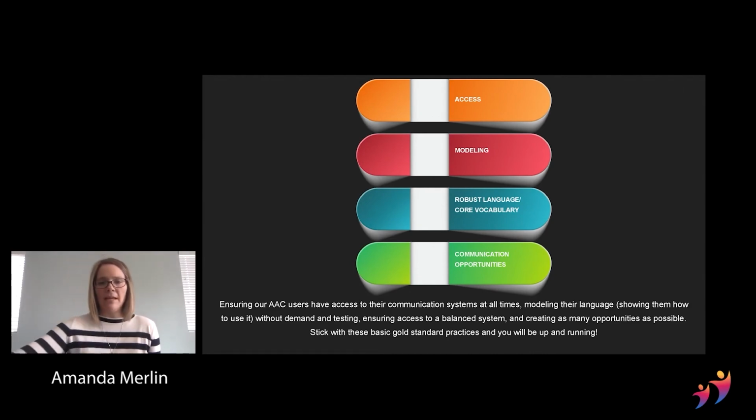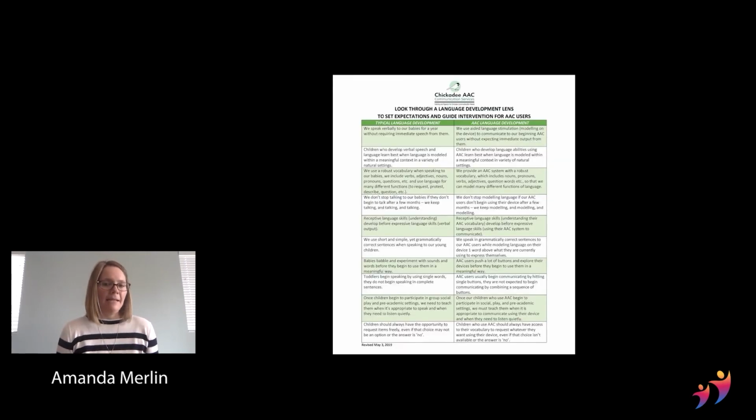So when we look at AAC intervention or this journey, we want to look at it through a language development lens. And this is one of the most famous handouts going around. It's one of the best side-by-sides.